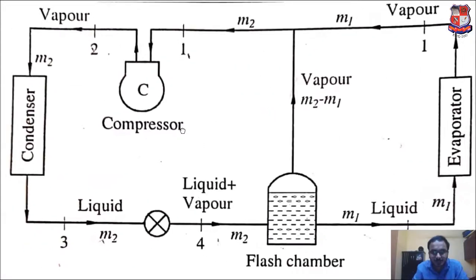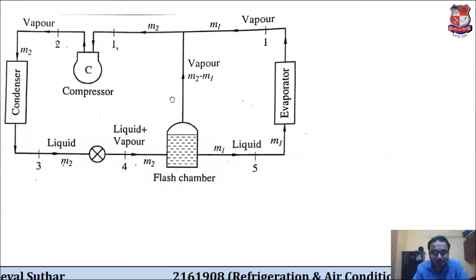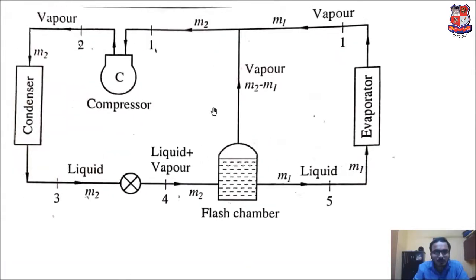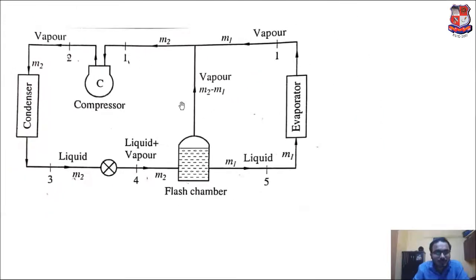If you focus on the expansion device, before it we have pure liquid, and after expansion we have liquid plus vapor. This vapor is not going to take part in the evaporation process.